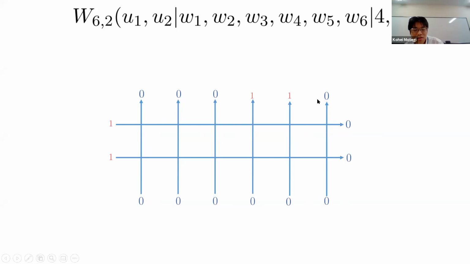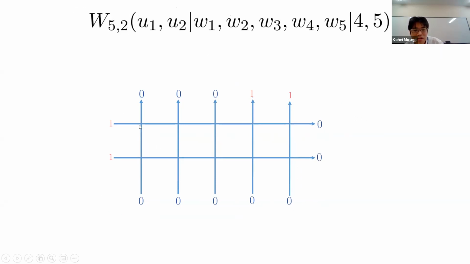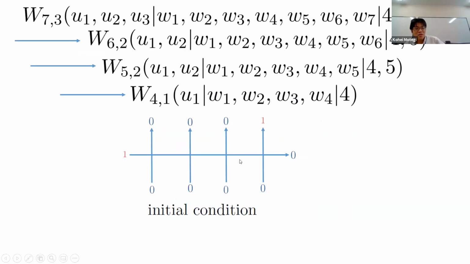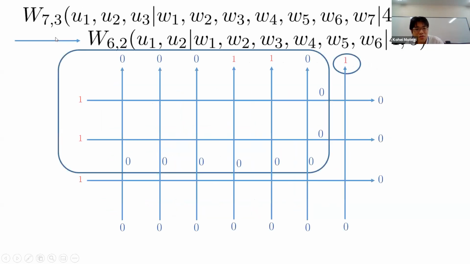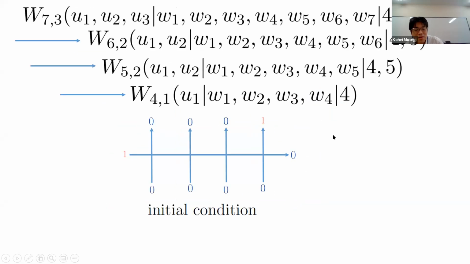And now you consider this smaller partition function, and this part is 0. So this part is frozen. So you can connect this with this smaller partition function. And then if you look at this one, and this part is 1, so you connect with this partition function. So after all, this one was reduced to this one.